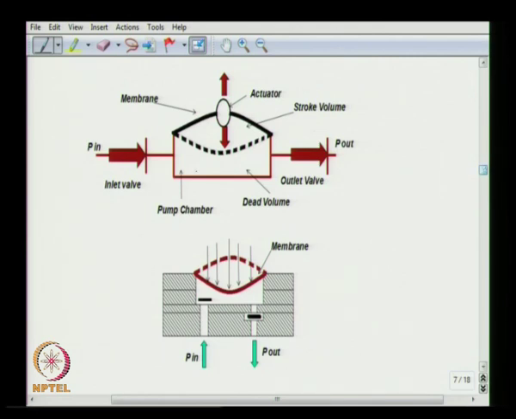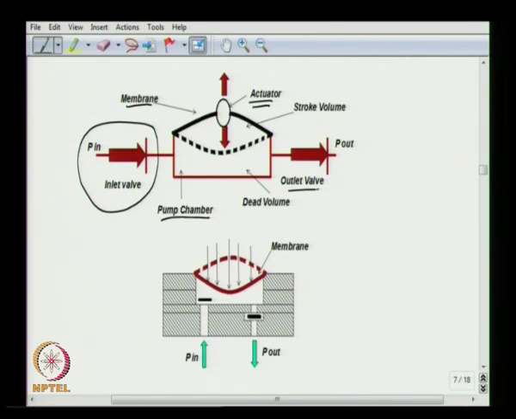So this is the pump chamber, and on top of the chamber you have an actuator. This could be any actuator, it could be piezoelectric, it could be thermopneumatic, and that actuator is going to actuate the membrane, which is the boundary of the pump chamber. And on the inlet side you have an inlet valve, and on the outlet side you have the outlet valve.